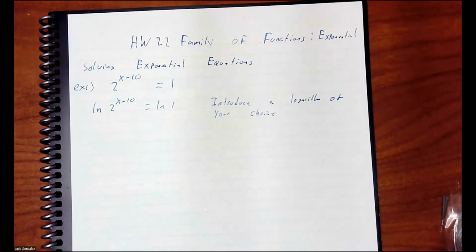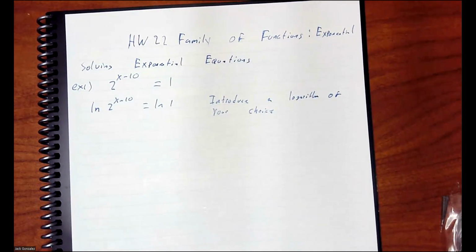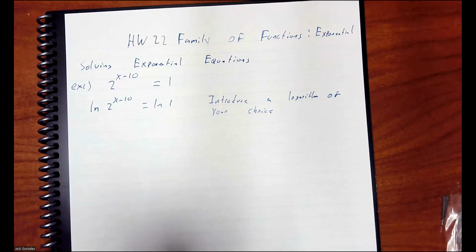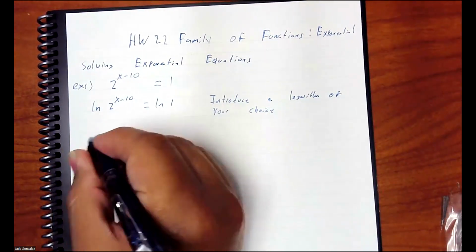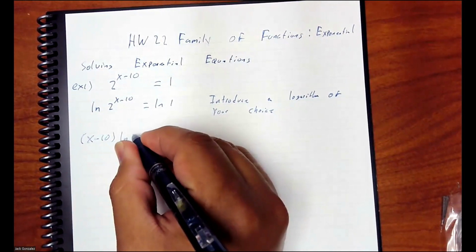The next step is, now that we have logs, we can invoke all the properties of logarithms. So I can bring down the power using the power rule back from college algebra.